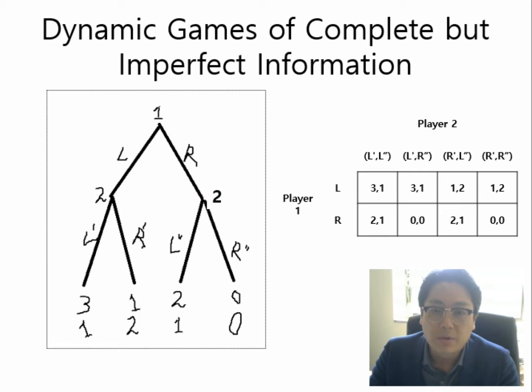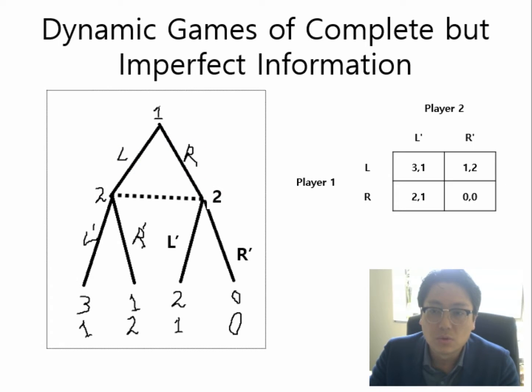However, by connecting these two nodes, we now know that the information level here and here are the same, in a way that the first player played one action between L and R, but the second player doesn't know which exact action was played.